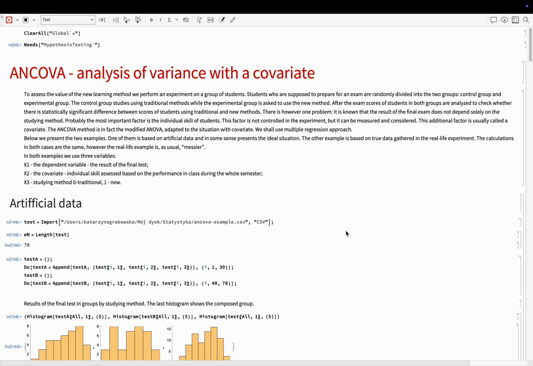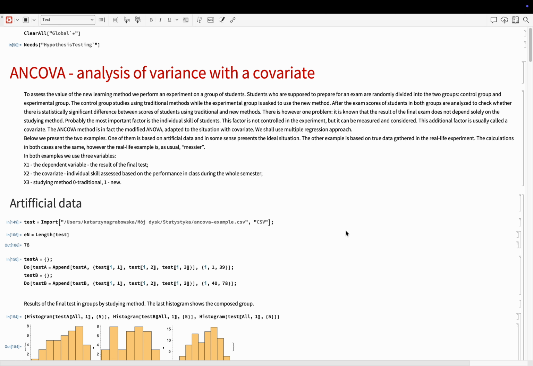with our artificial example. The example is about assessing the value of a new learning method. We performed an experiment on a group of students. Students are supposed to prepare for an exam, and the whole group of students, there were 78 of them, is divided into 2 groups, a control group and an experimental group.